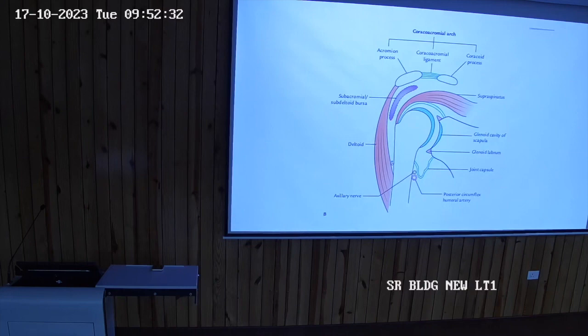The stability of the shoulder joint, first is the rotator cuff. Are you listening to this word for the first time? Rotator cuff, including the muscles supraspinatus, infraspinatus, subscapularis, and teres minor.